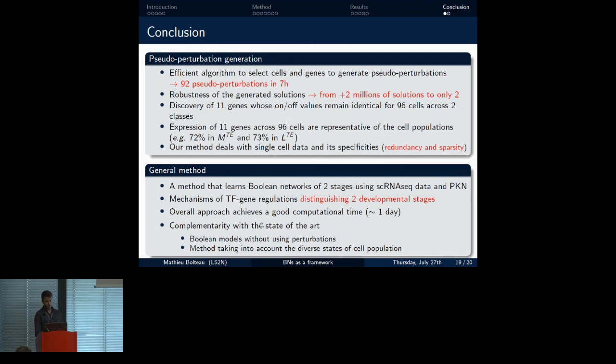More generally, we implement a method that learns Boolean networks for two stages using single-cell RNA-seq data and PKN. We identify some mechanisms of gene regulation, and the overall approach achieves a good computational time. And most generally, our method complements the state of the art.